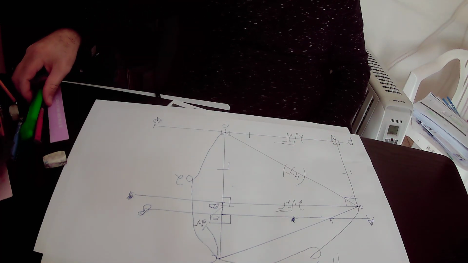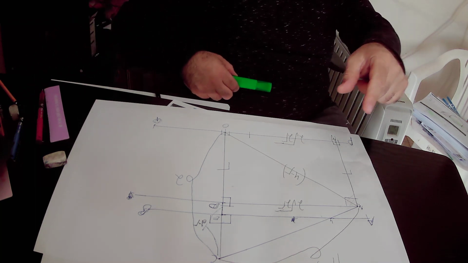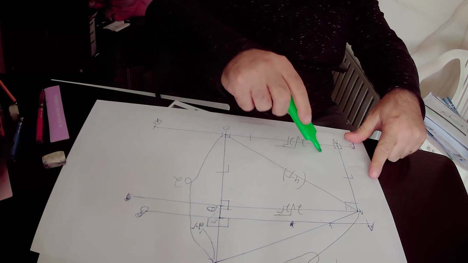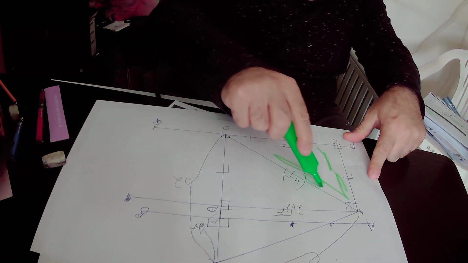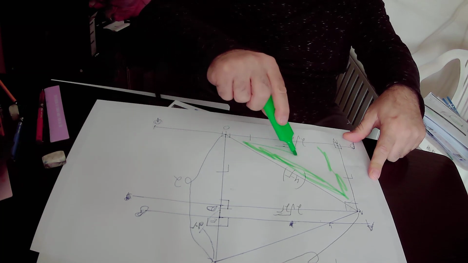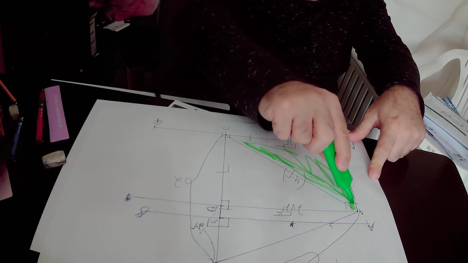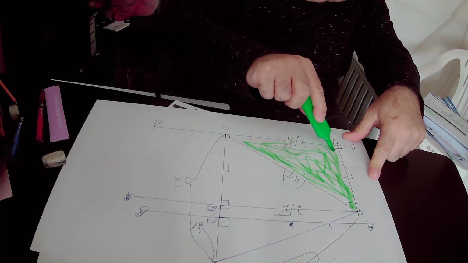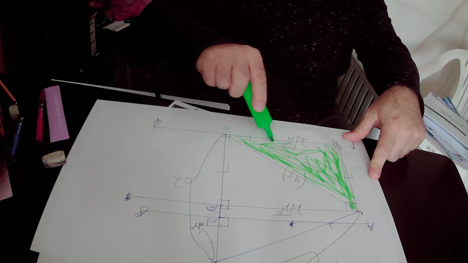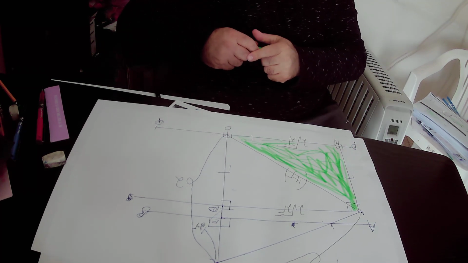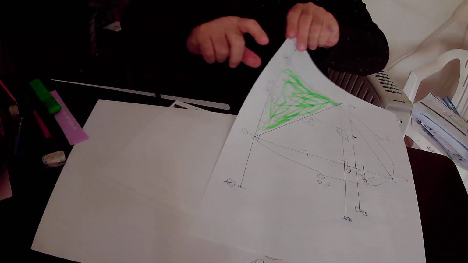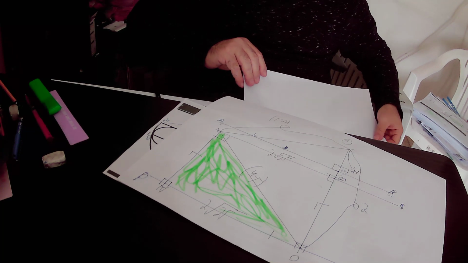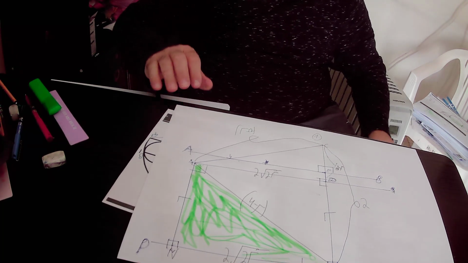In the next step we will focus on the right triangle, triangle MNO. This green right triangle, triangle MNO.